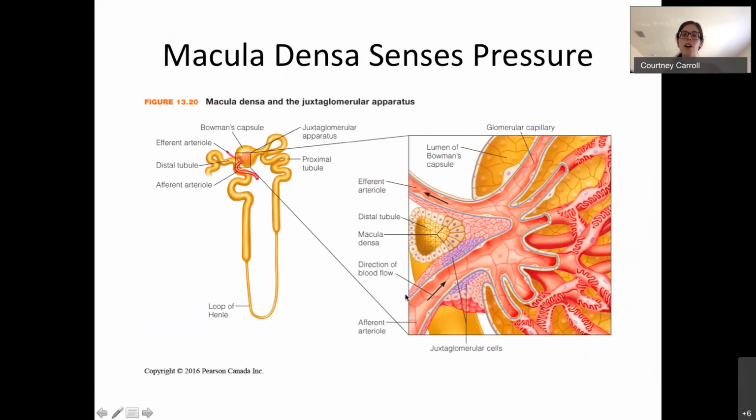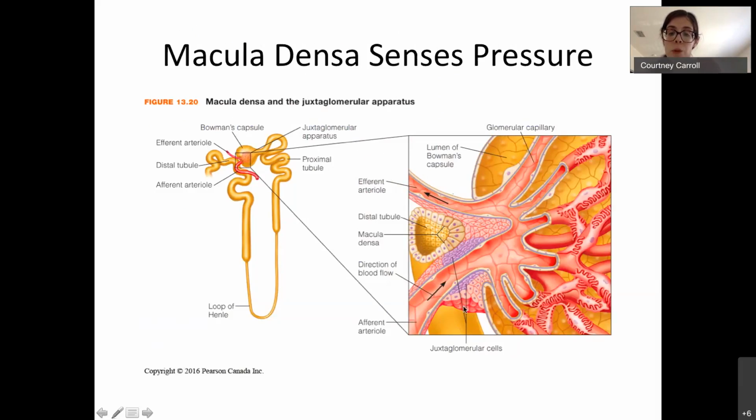This is the picture of that crowded area that I was talking about, zoomed in. If this is our whole nephron here, if we focus in around the glomerulus, we have the afferent arteriole coming up into our glomerulus, our twisted group of blood vessels here, the efferent arteriole leaving, and right nearby, we've got this distal tubule here with some macula densa cells, which are specialized cells in the walls of that distal tubule.